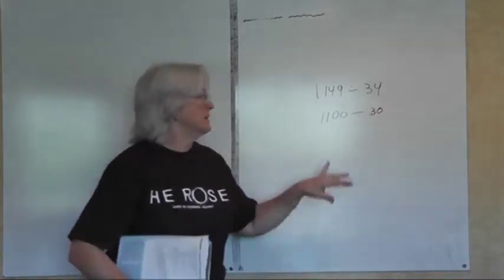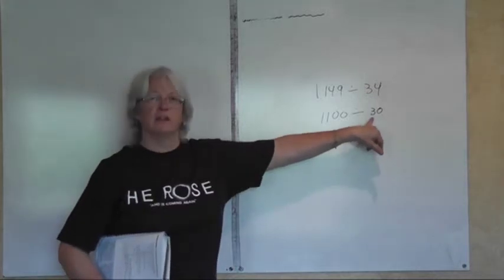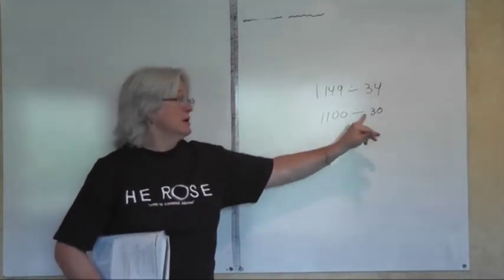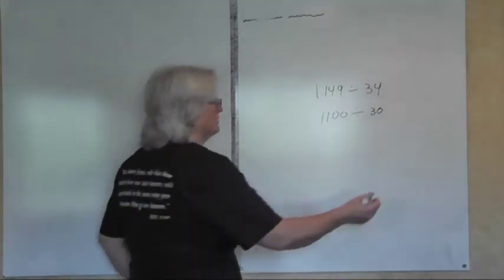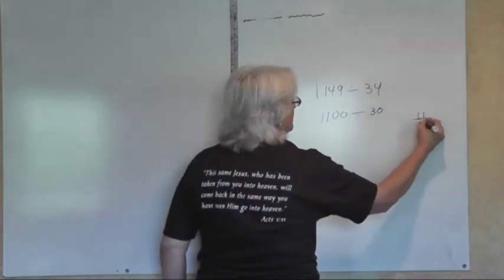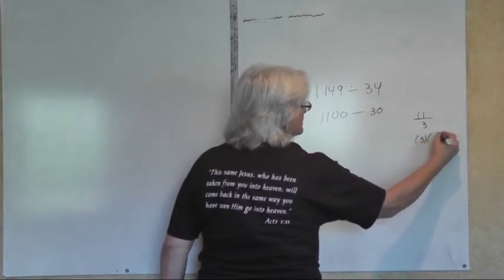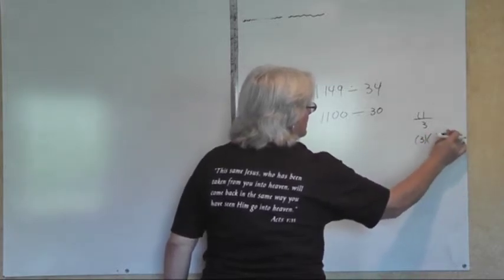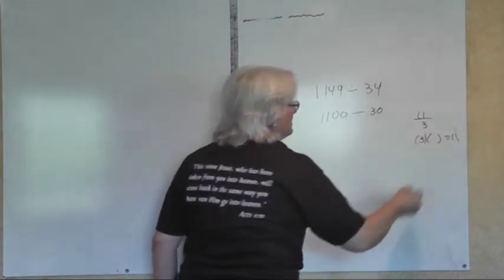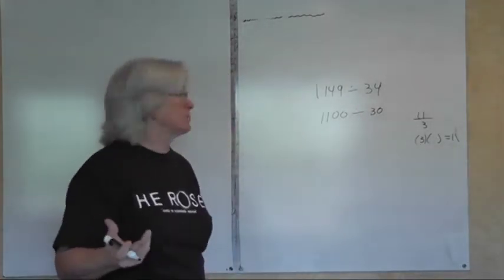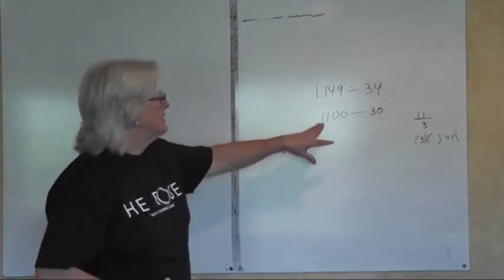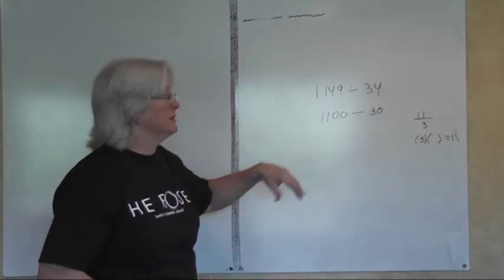Okay? We're just looking at dividing the non-zero parts. 11 divided by 3. Can you do that evenly? Is there something where you say 3 times some value is equal to 11? No, there's no such thing, because 11 is a prime number. So our 1100 here doesn't do us any good.